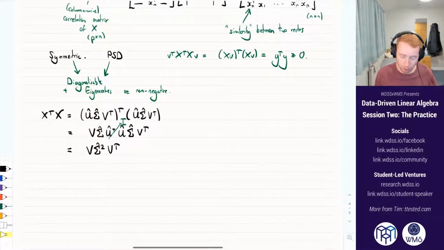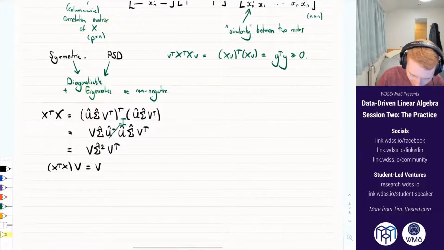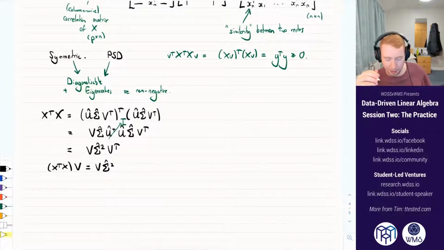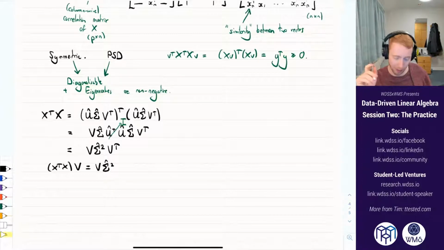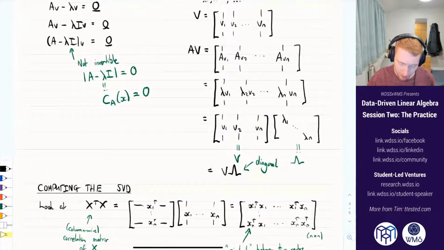Now v is orthogonal, so we can multiply by the inverse, and that gets us x transpose x times v is v sigma hat squared. Hopefully this will be a bit of an epiphany moment, because you'll remember what we saw before: A V equals V times a diagonal matrix.